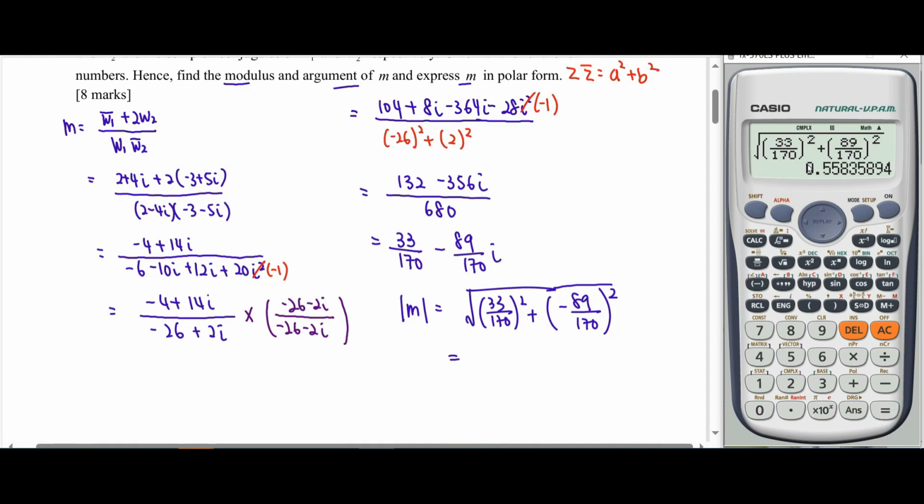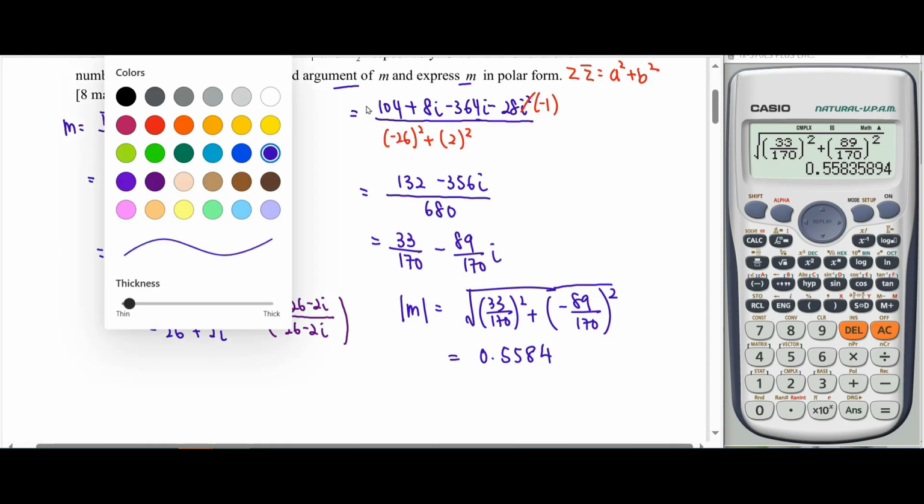So here it automatically gives us the decimal, so we keep it in decimal, 0.558. Make sure you have more than 3 significant figures. So 83 rounds off to become 84. I give here 4 significant figures. Then continue, we want to do the argument.